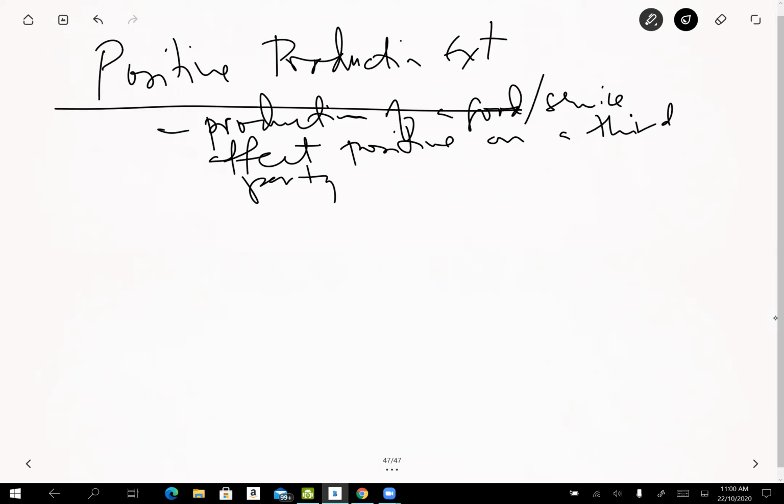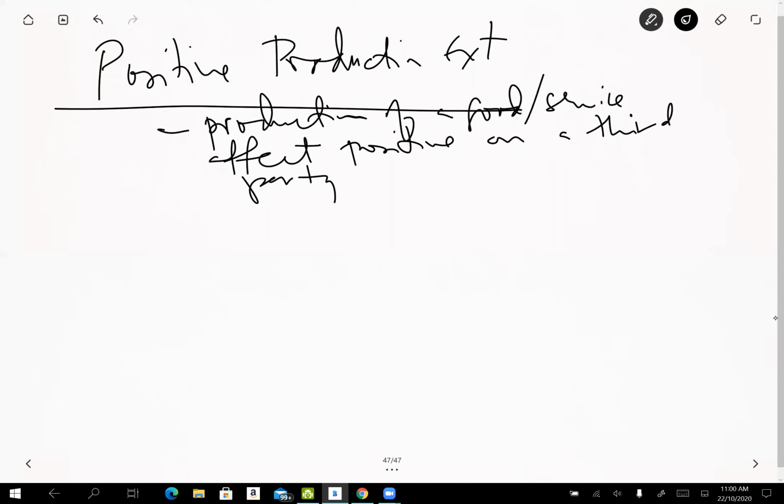And that generates happiness and oxygen for your neighbor. Your neighbor will feel the pleasantness from your trees. So that is an example of a positive production externality.